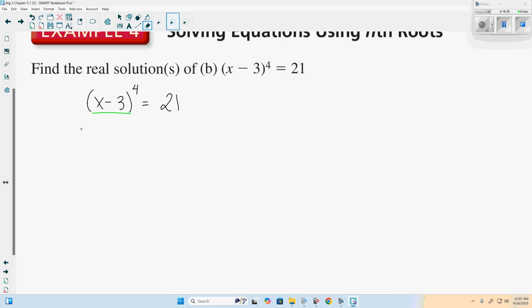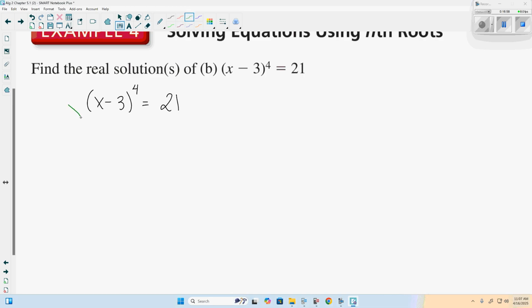The only way it wouldn't be by itself is if we had, say, 4 times x minus 3. Or we had 7 plus this here. We have something outside of the radical. But this here, the x minus 3 to the 4th power is by itself.